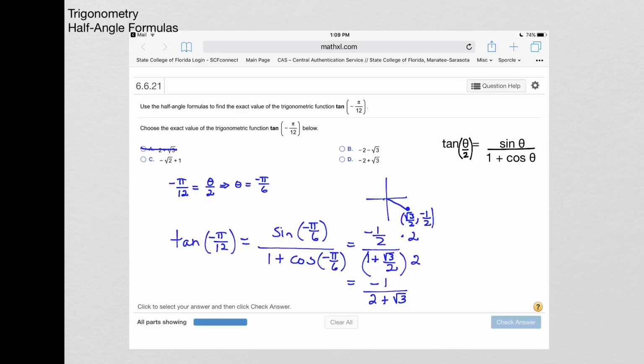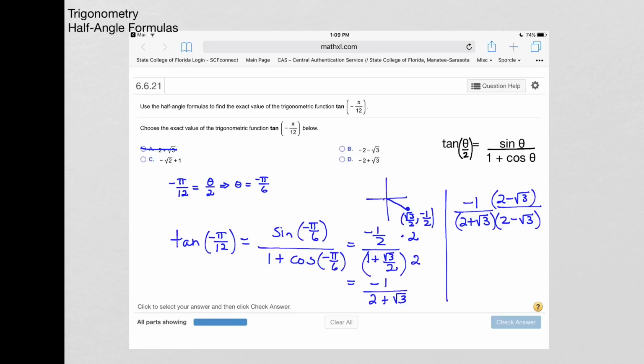Now I need to rationalize this because it doesn't match up with any of my choices. That's pretty straightforward. Off to the side, I have negative 1 over 2 plus the square root of 3, and I multiply by the conjugate, 2 minus the square root of 3 over 2 minus the square root of 3.